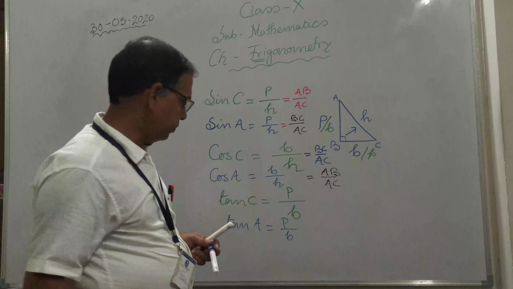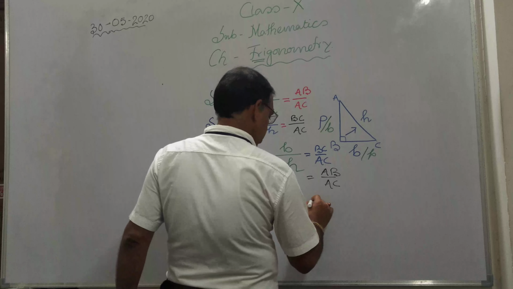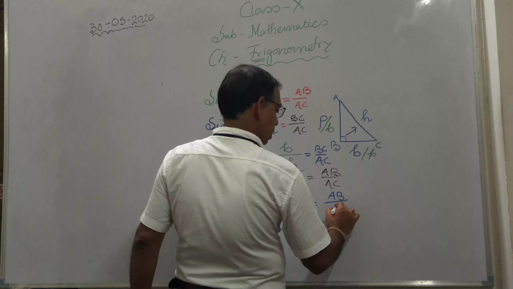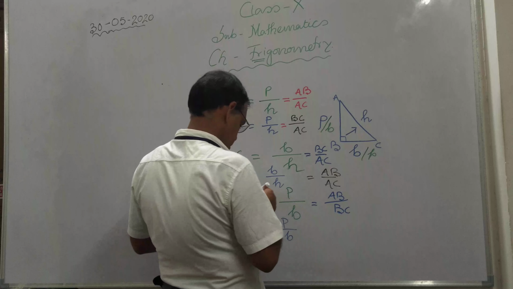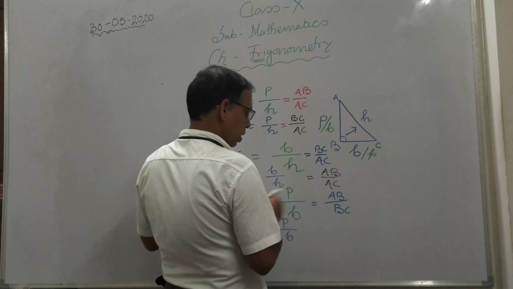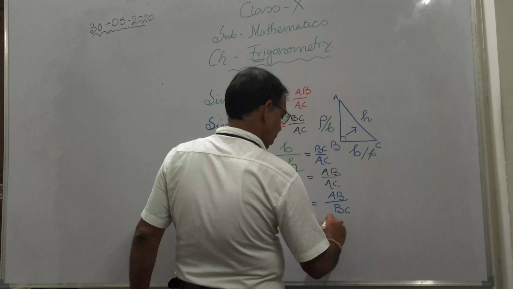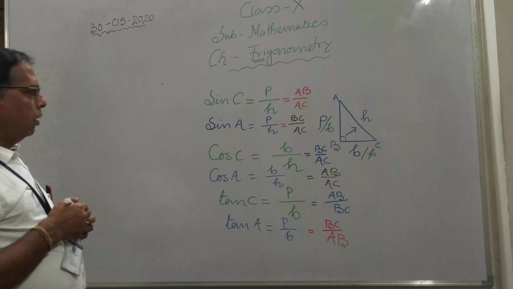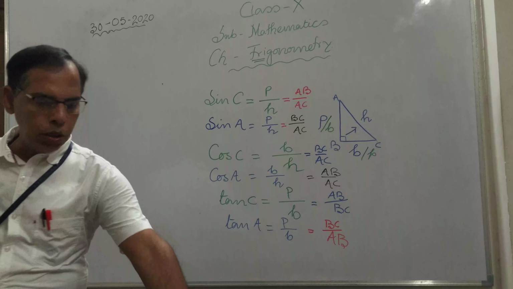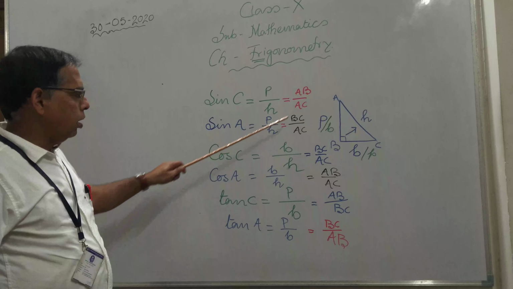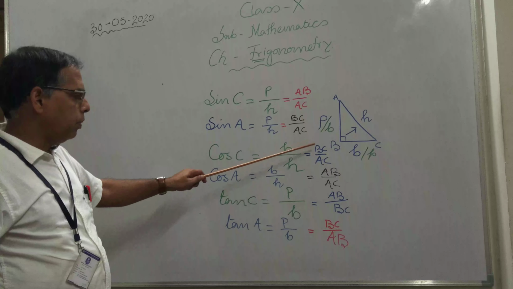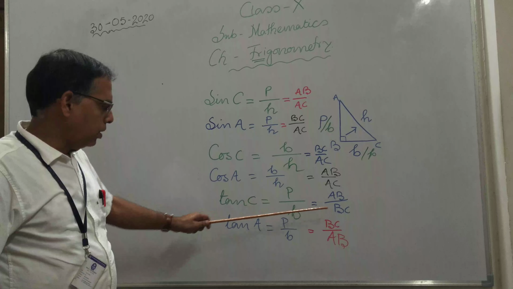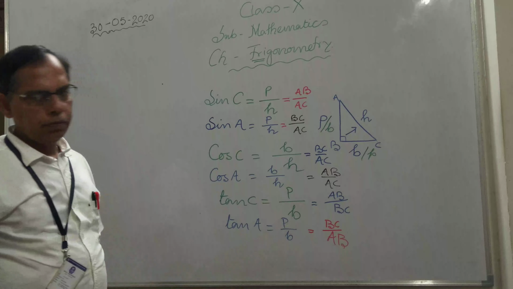And when we have done this one, then AB by BC, and here you can see it is BC by AB. So sin C we got AB by AC, sin A we got BC by AC, cos C we got BC by AC, cos A we got AB by AC, tan C we got AB by BC, tan A we got BC by AB.